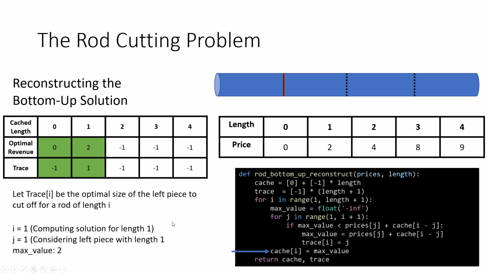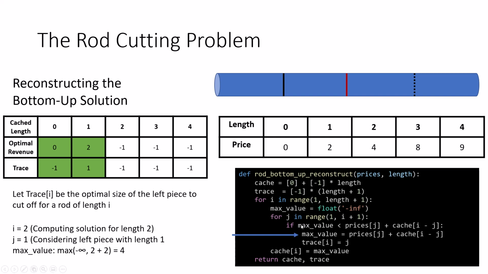So let's move on. And of course, we update the cache to the max value, which is going to be 2. Let's move on to the next optimal size of length 2. Well, we're going to find that when we have j equals 1, so we're considering the cut to be here, it's going to be a better solution than negative infinity, which is what we initialized it at.